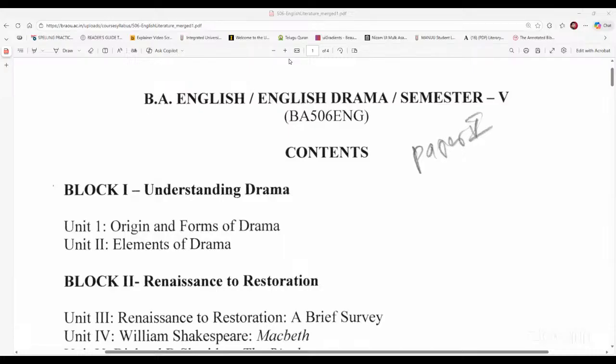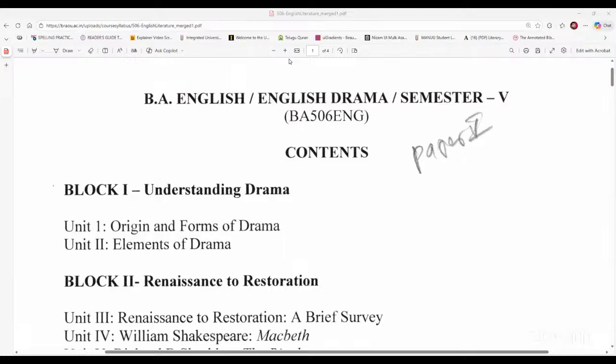Right. There are other least important elements. Right. The most important elements of a drama, I think I have tried to cover. Now after this, I think we can move on to talk about some forms of English drama.